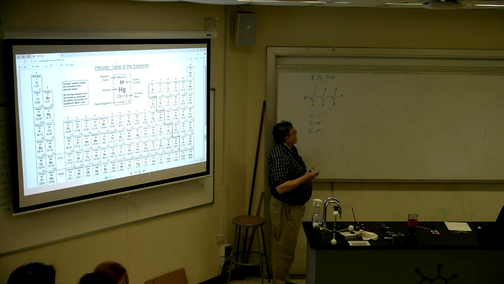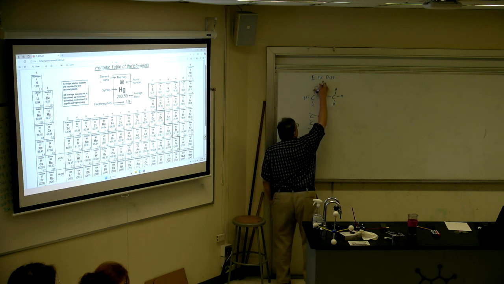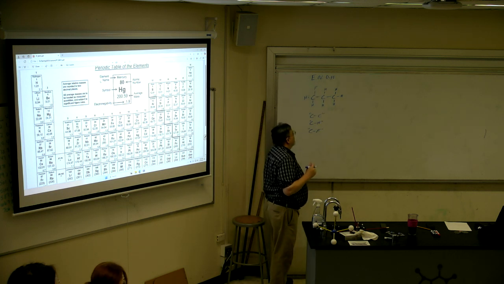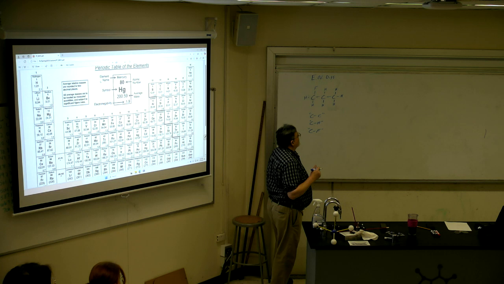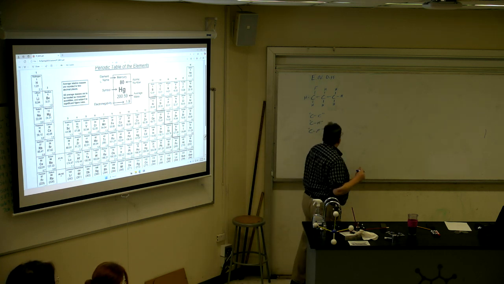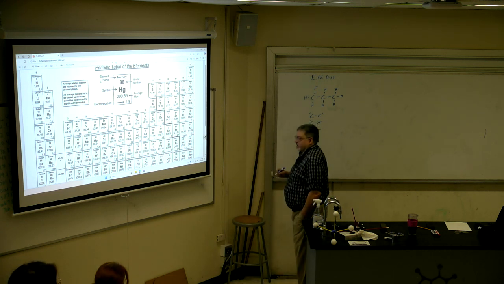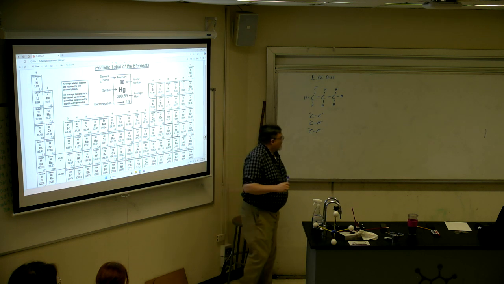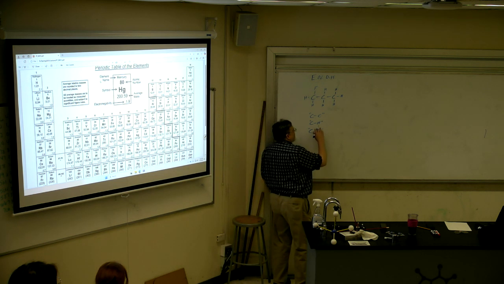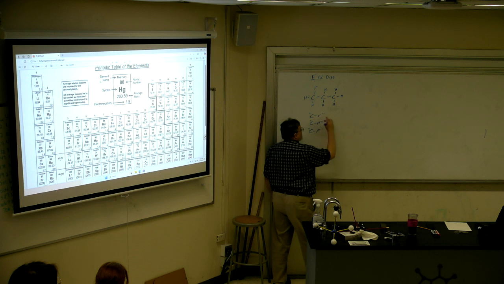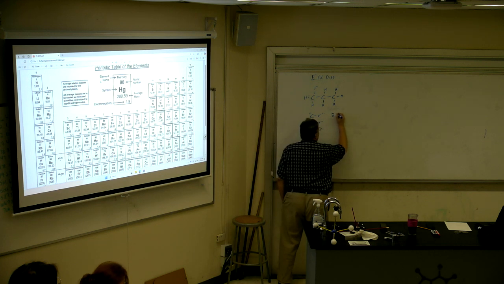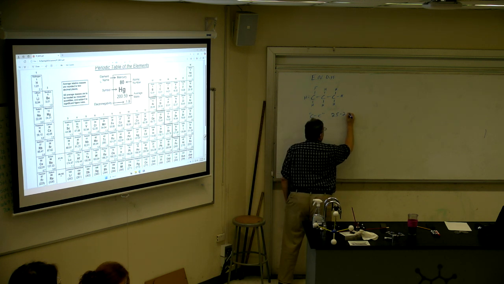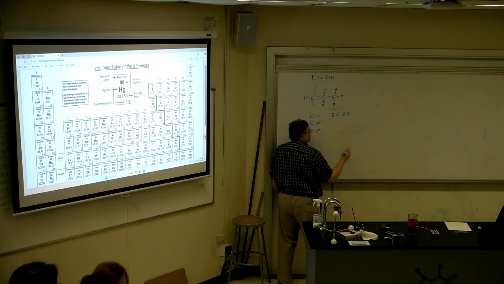Okay, so electronegativity. Carbon electronegativity is 2.5. I need to look at the electronegativity difference between these two. So I would do this, 2.5, that is a difference.